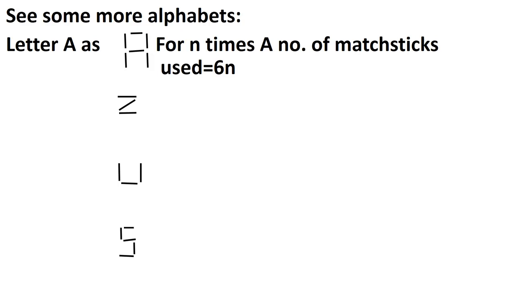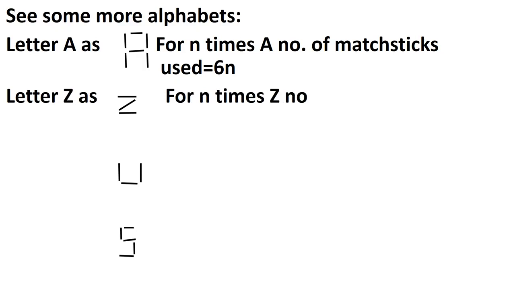If we are writing A n times, then the number of matchsticks used is 6 multiplied by n, that is 6n. Letter Z. For one Z, 3 matchsticks are used. For n times Z, the number of matchsticks used is 3n.